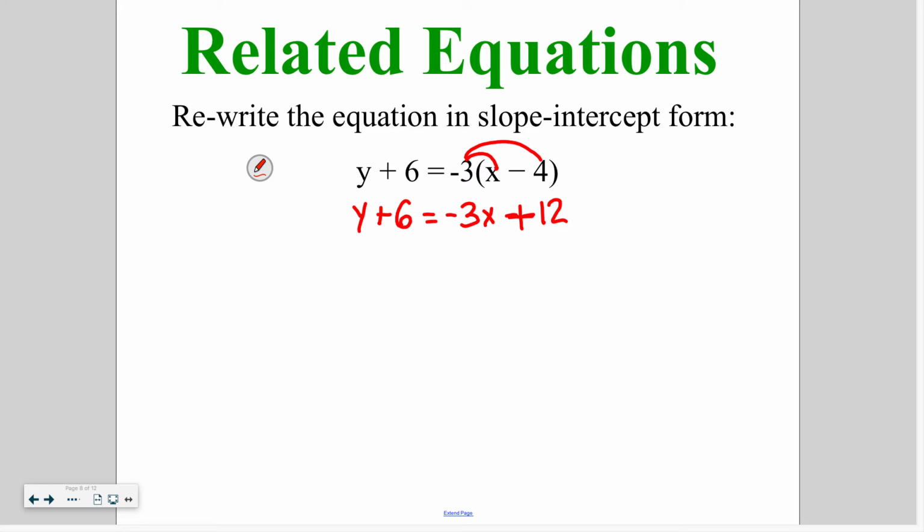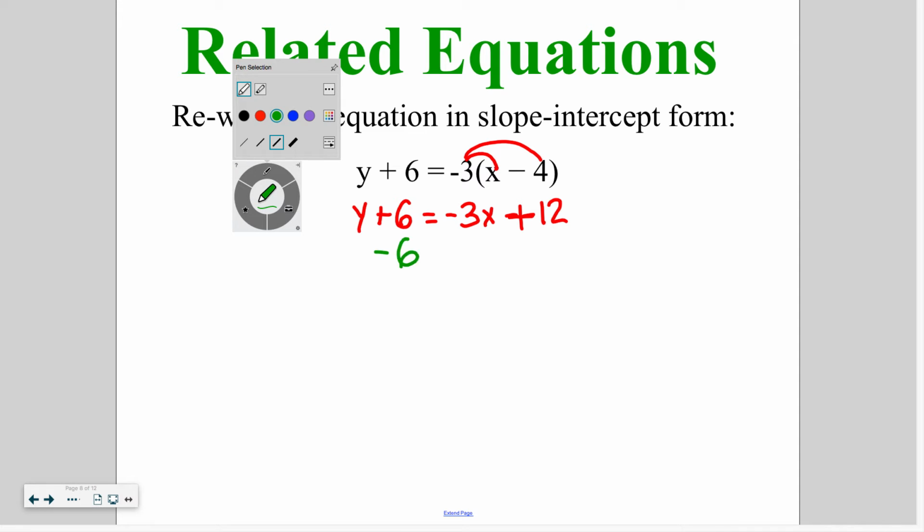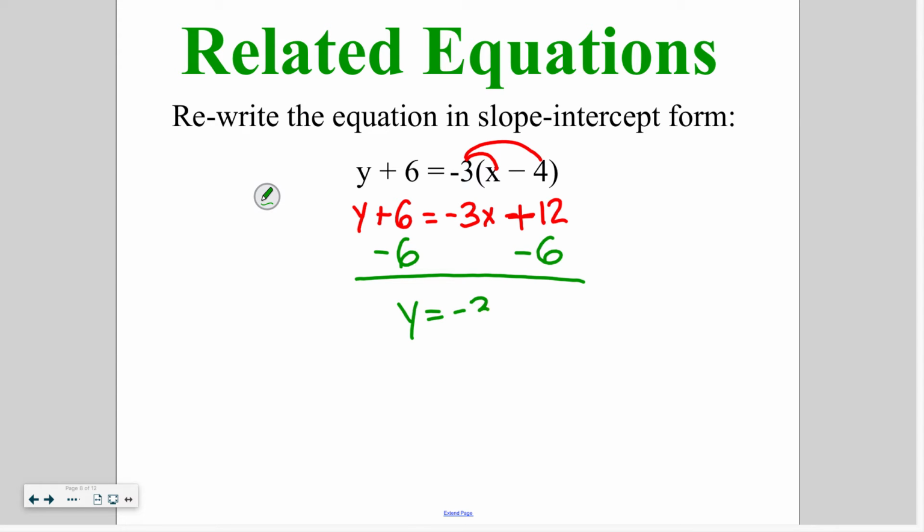In order to get in y equals mx plus b form, we need this y value to be by itself. In order to do that, we're going to have to get rid of the 6. So we are going to subtract 6 from both sides, and I end up with y is equal to negative 3x plus 6. So our two steps we did here was distribute to get rid of the parentheses, and then we subtracted 6 to get the y isolated by itself.